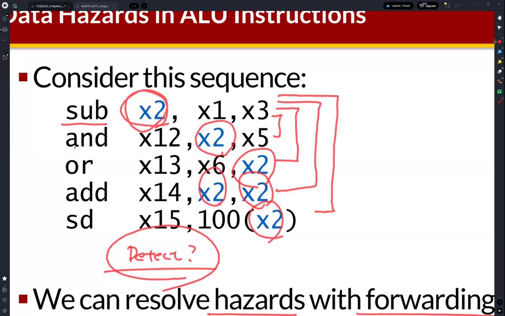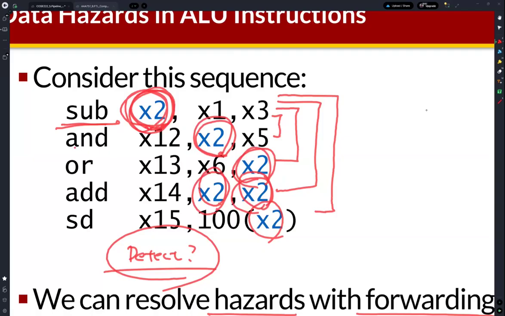When I explained the data dependencies between instructions, I checked: this is the destination register of the sub instruction, and these are the source registers of the following instructions, right?